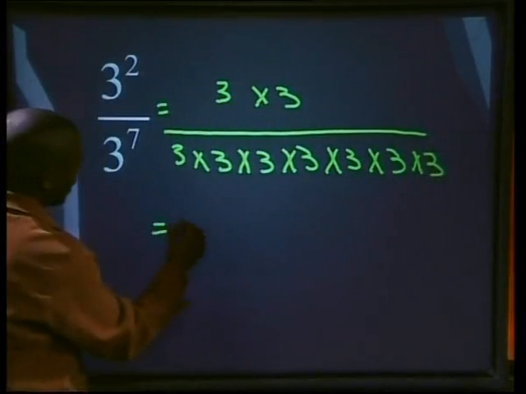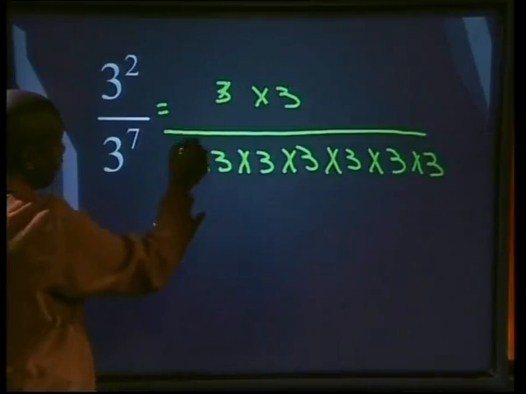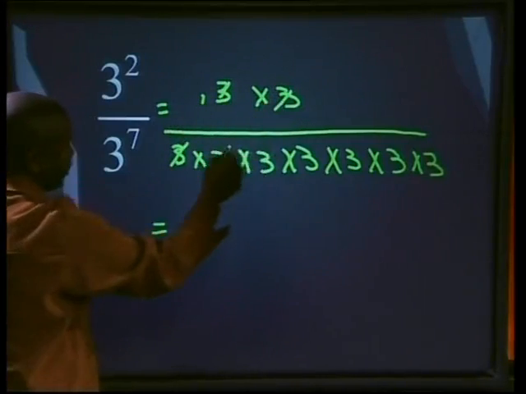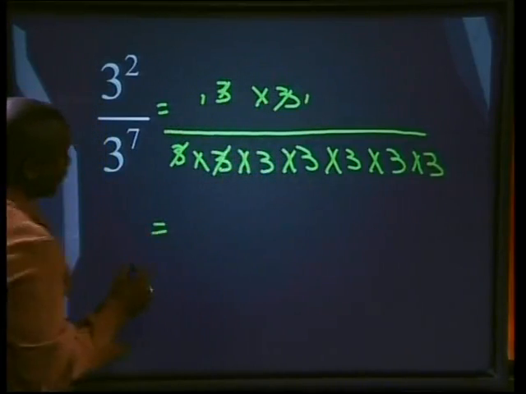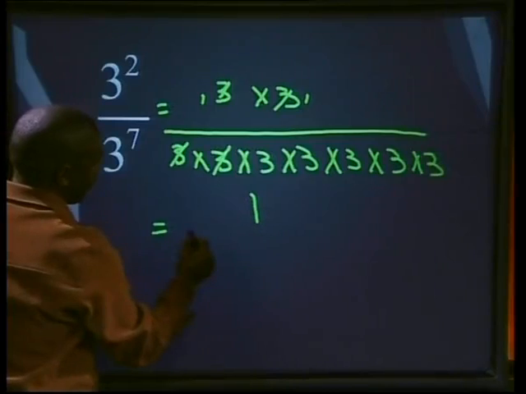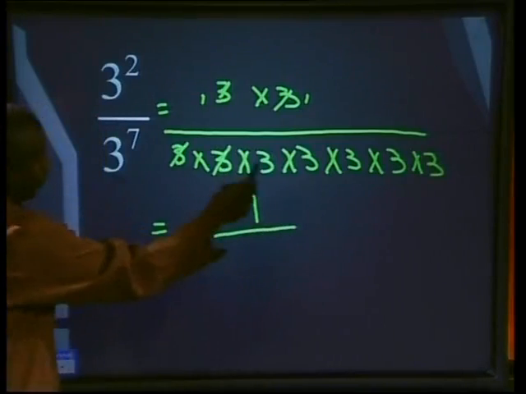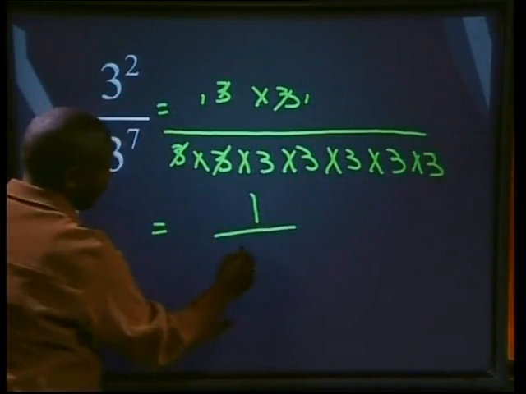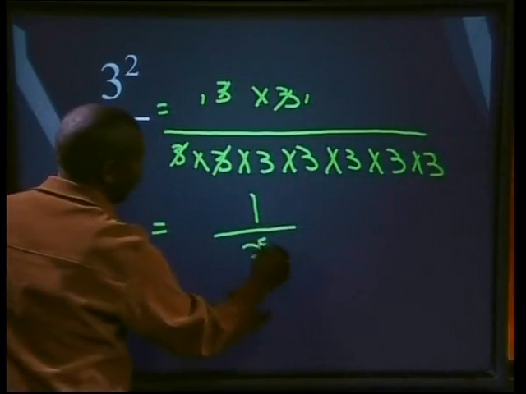So we can cancel out at the top. 3 into 3 is 1. 3 into 3 is also 1. So what do we have? 1 times 1 gives us 1 over, how many 3's do we have at the bottom? 1, 2, 3, 4, 5. Therefore it will be 3 to the power of 5.